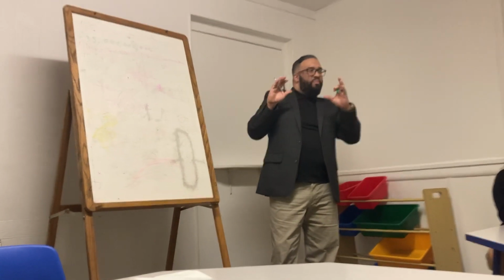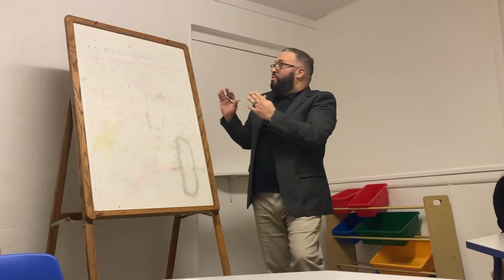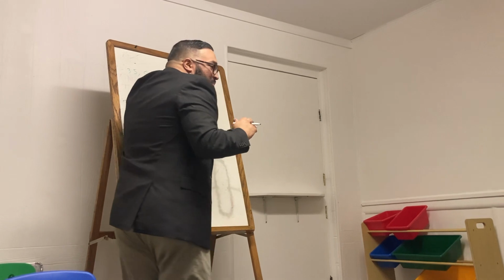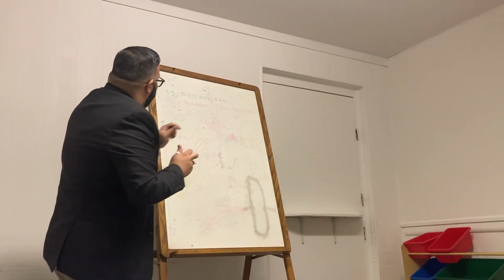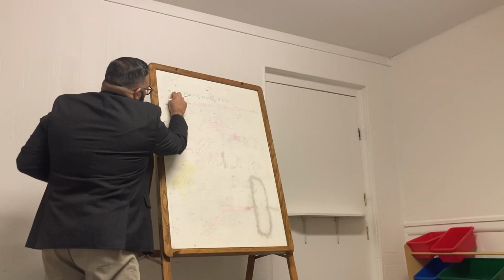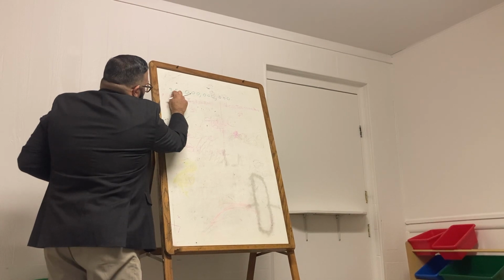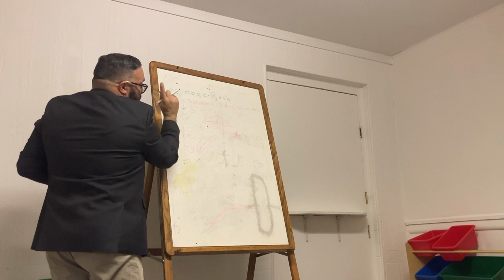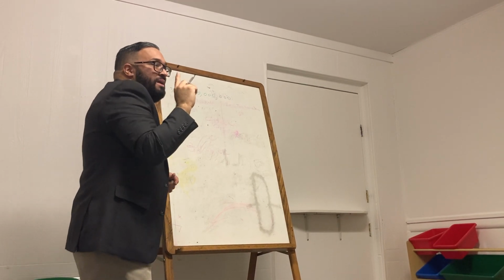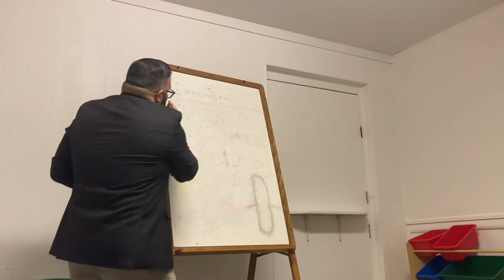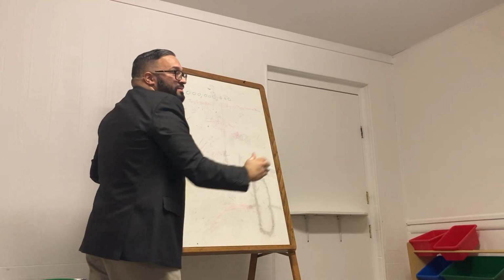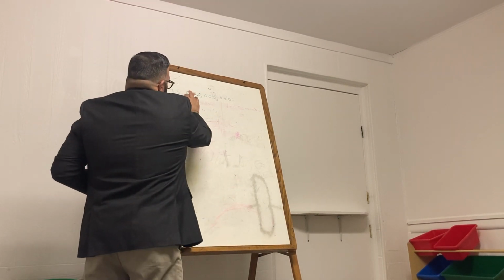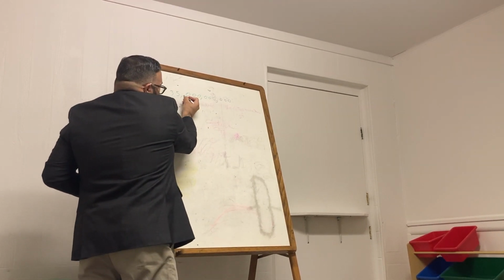The way we're going to do it is we're going to move the decimal point so that it has a single digit in front of the decimal point, and then everything else behind it, until it gets to 0.